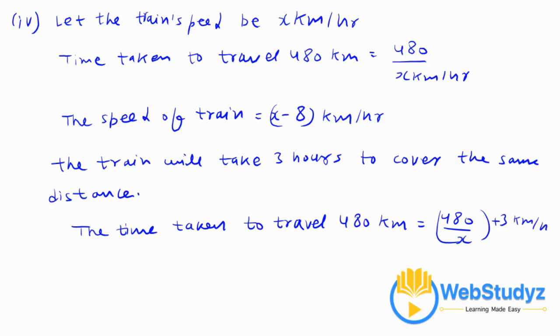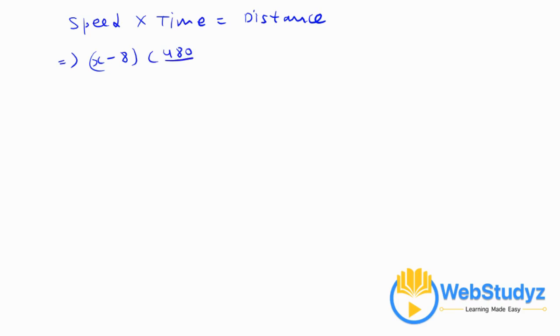Now, as we already know the formula, speed into time is equal to distance. Putting values here, we get x minus 8 into 480 by x plus 3 is equal to 480.